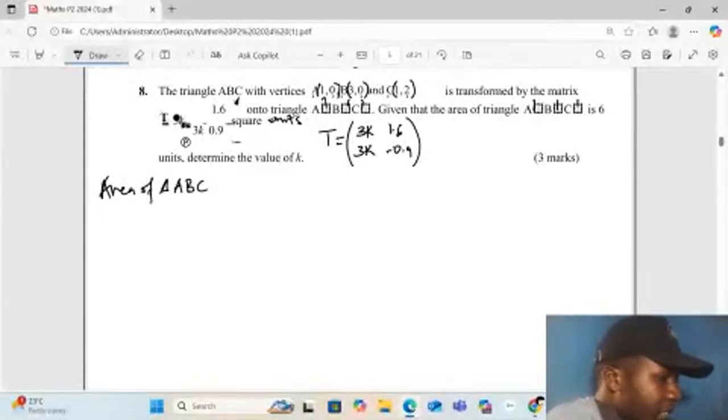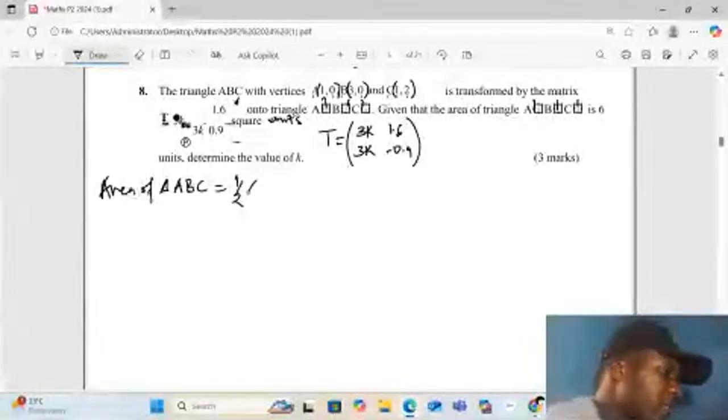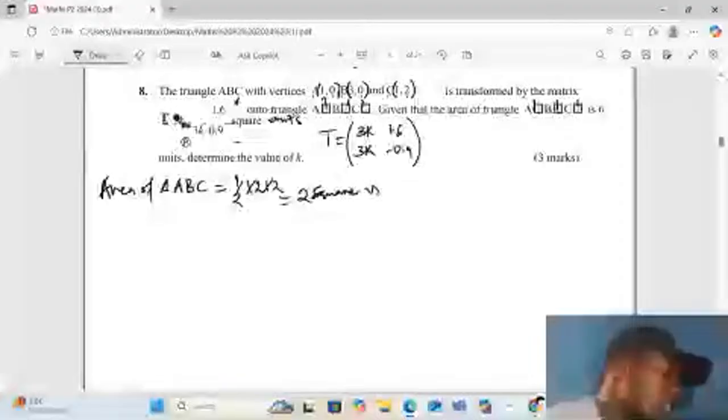Now triangle ABC will be equal to a half times 2 times 2. So you get 2 square units.